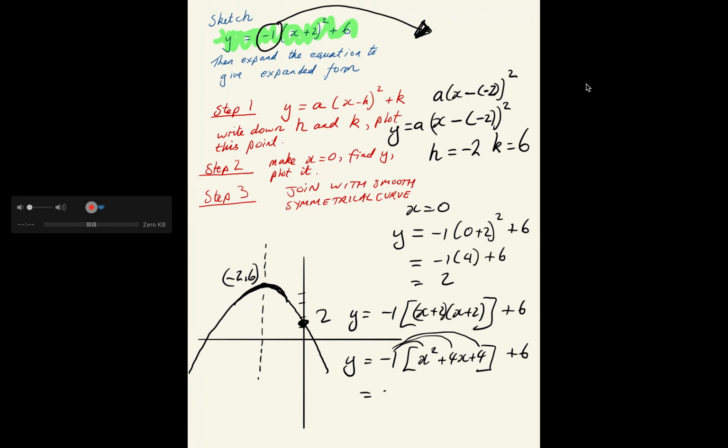So that's negative 1x squared, or just negative x squared, minus 4x minus 4, and then the plus 6 goes on the end. Okay, what we don't want to do is do the negative 1 times this guy. The negative 1 only multiplies the bit in the square bracket here, and the bit in the square bracket came from here. Okay, so we'll finish this off now to give the expanded form. y equals negative x squared minus 4x plus 2.